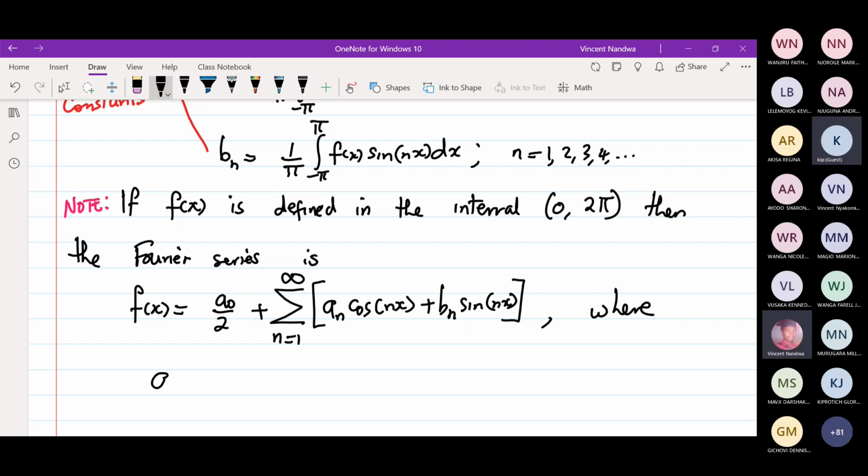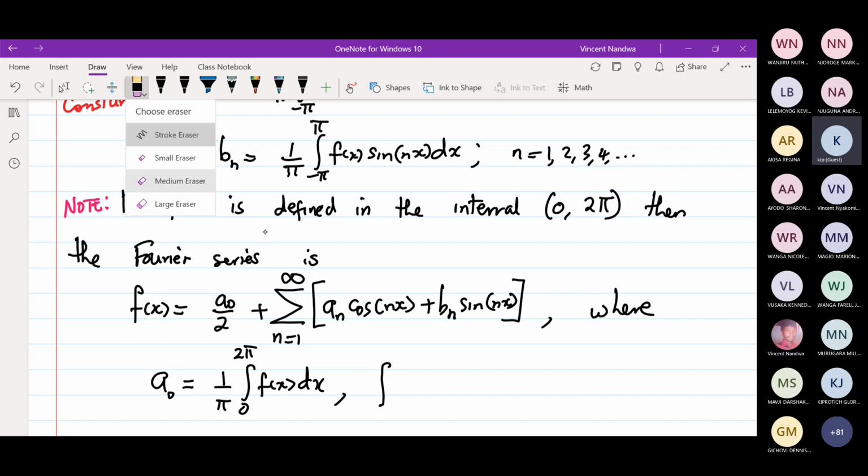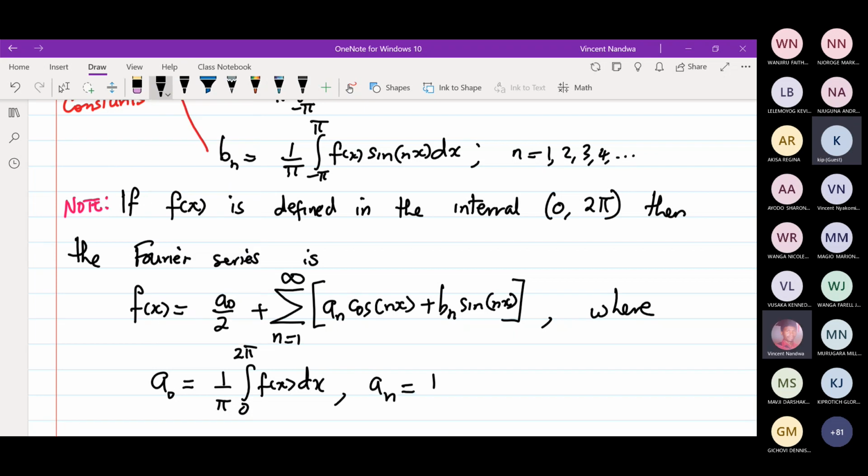And then you define a naught to be 1 over pi integral 0 to 2 pi of f of x dx. an will be given by 1 over pi integral 0 to 2 pi of f of x multiplied by cosine of nx dx.